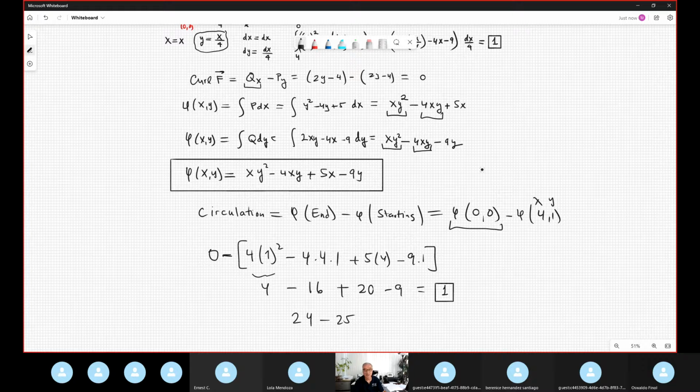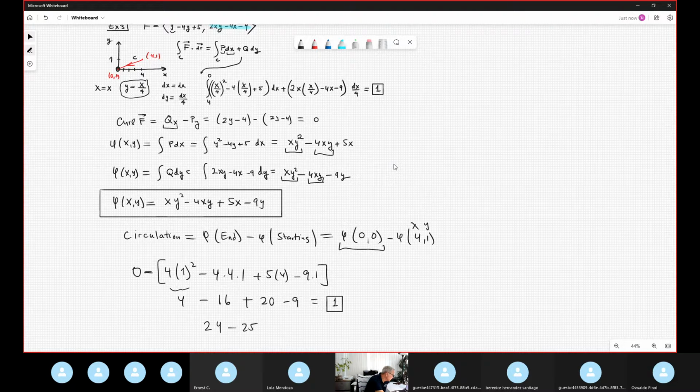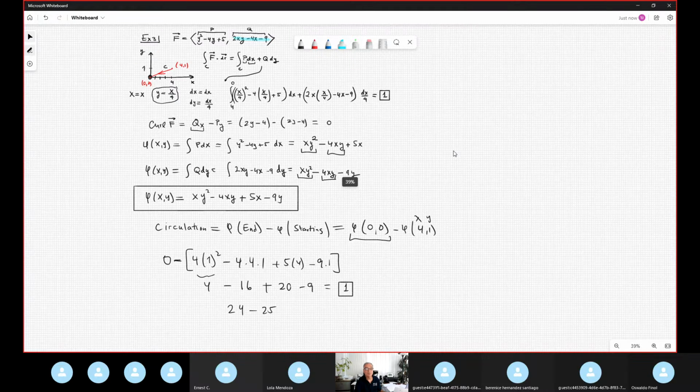Wow, the first answer without doing almost anything. Determine if the vector field is conservative. If the vector field is not conservative, then no. The only possibility to compute the circulation line integral is doing the line integral, not the shortcut of the potential function. Do you follow me?